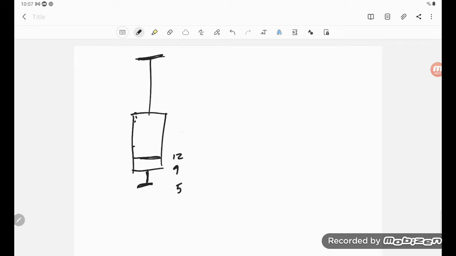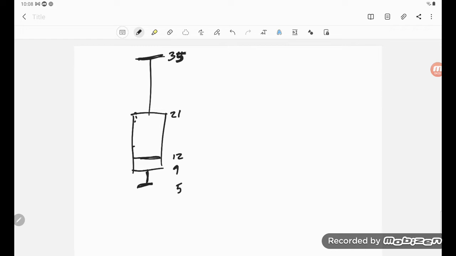Then if that was 3 there, that's maybe 3 times that or so. So we'll say this is 21, and we'll say this is maybe 34 or something like that. 35, we'll call it 35.